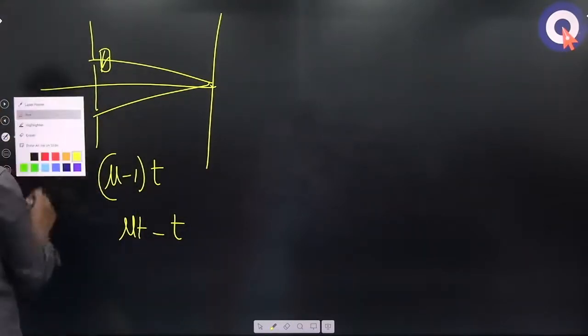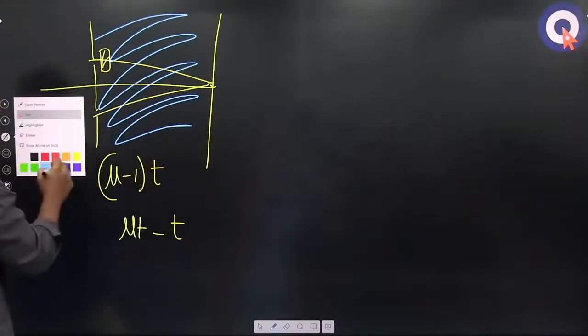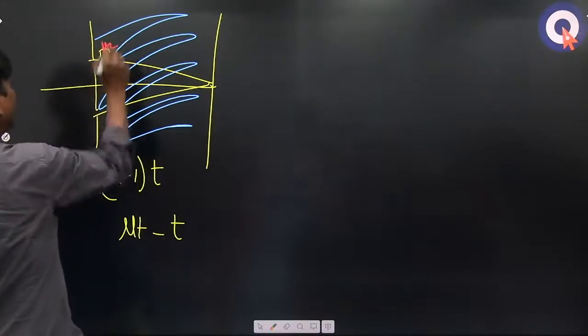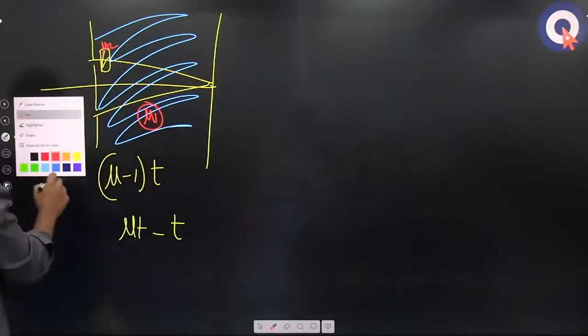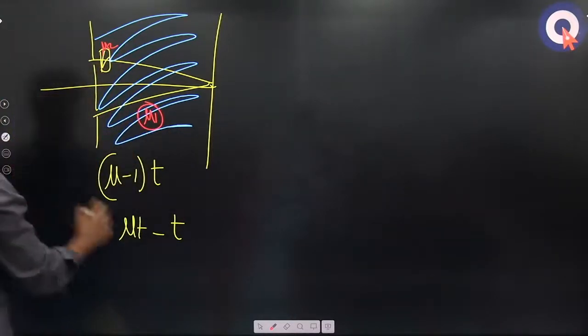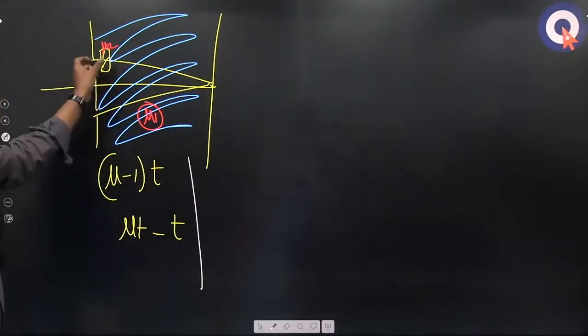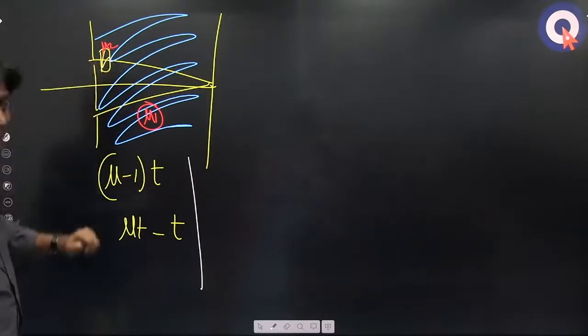Suppose in the same thing, it is filled with another liquid. So for example, listen all of you, nu 2 this one and nu 1 this one. Then what are you going to get? See, first, equivalent in the slab it is traveling t.